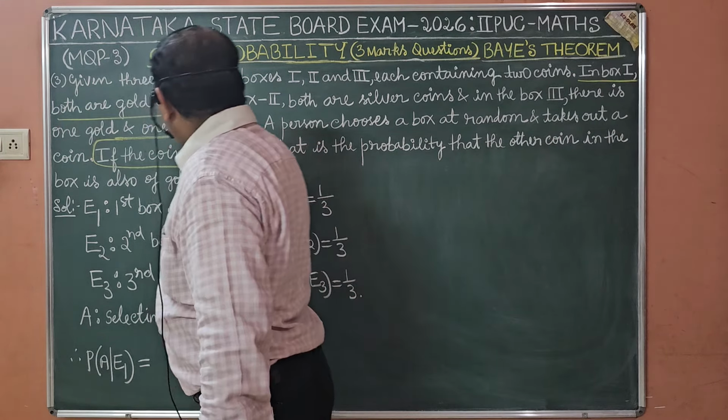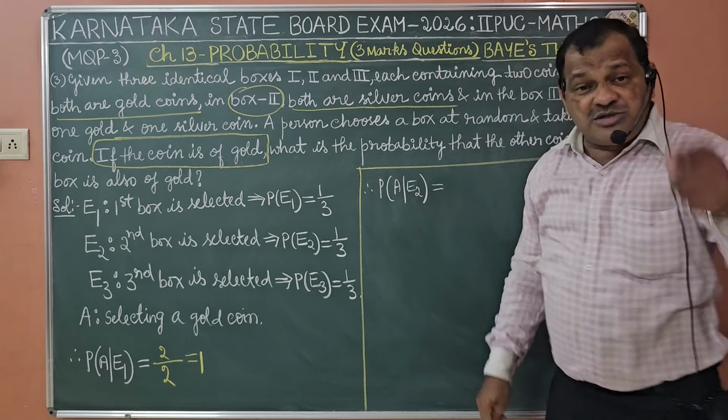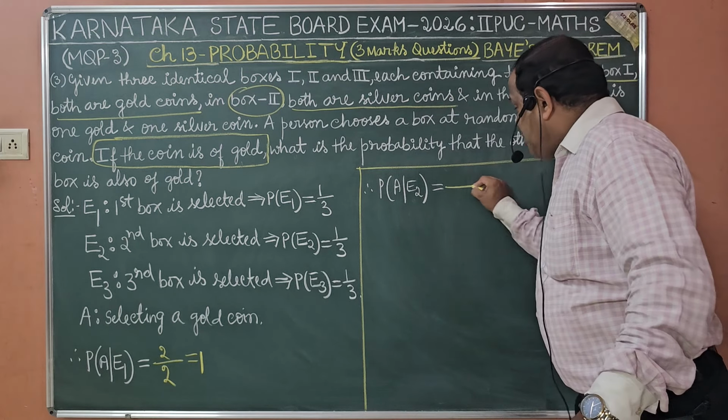Whereas the remaining part, I would like to continue over here. What is the probability of A given E2? Meaning is, select the second box, but we need a gold coin from the second box. In box 2, there are 2 silver coins, both silver only. That is denominator 2.